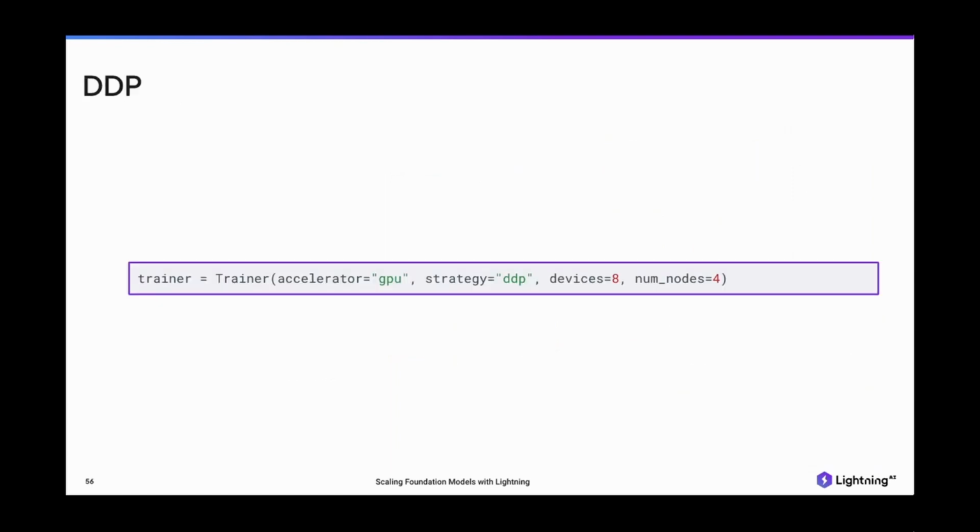Okay, so how do you do it in the trainer, for example? You just specify DDP. We have a question from the audience. So the question is, what if I want to split up the model inside of the GPU? Inside of one single GPU, and you want to split it up. And why do you want to do that?